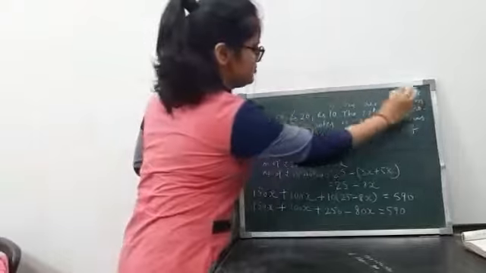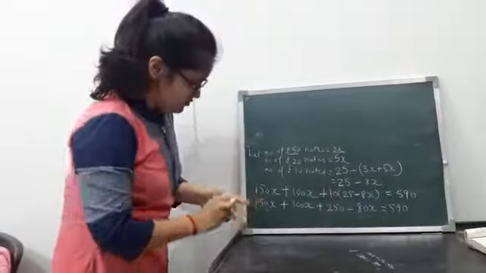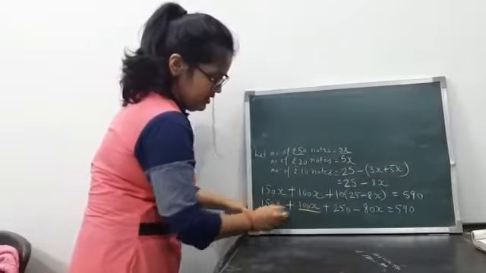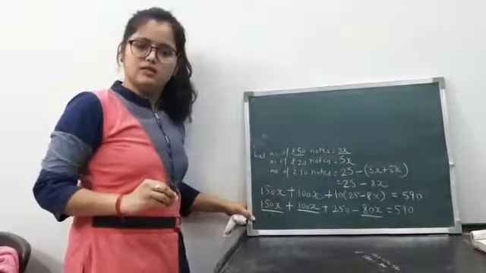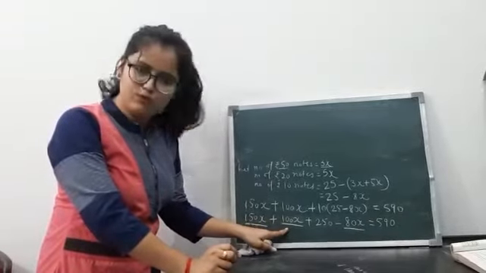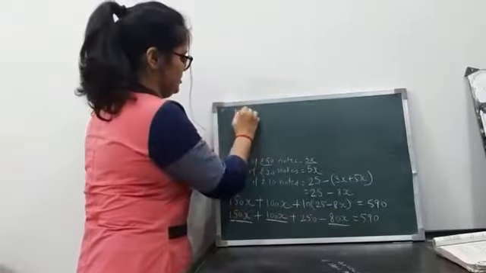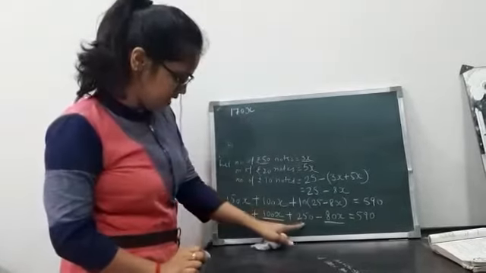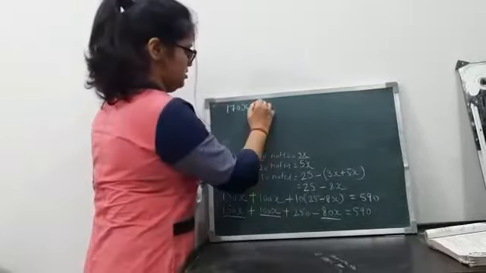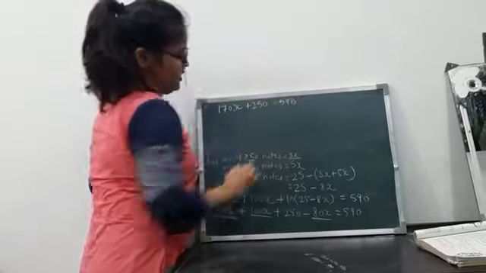Now, 150x, 100x and minus 80x are like terms. 150 plus 100 is 250, and 250 minus 80 is 170. So 170x, and 250 is the constant term, plus 250 equals 590.